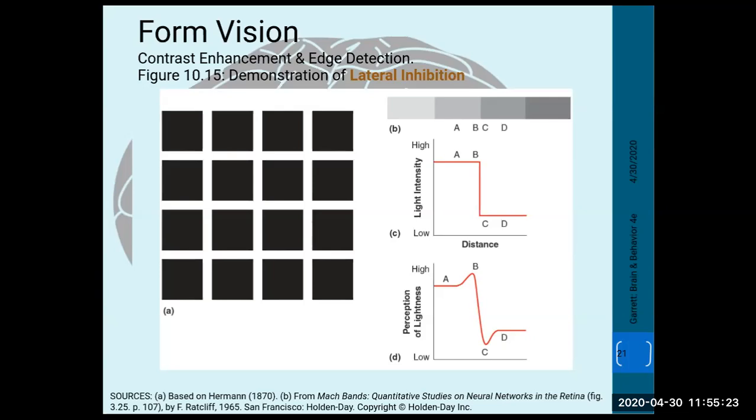So looking at the chart on the right, on the left-hand side, which is the y-axis, we see light intensity going from low to high. And we see distance on the bottom.